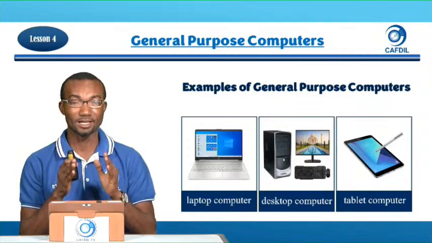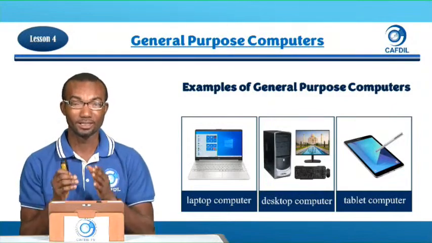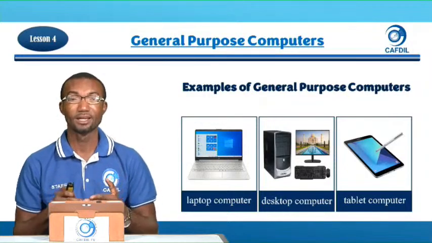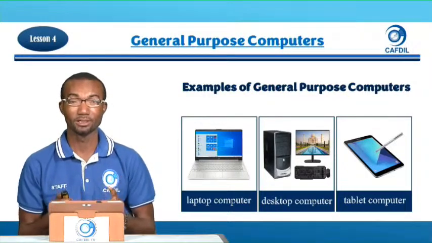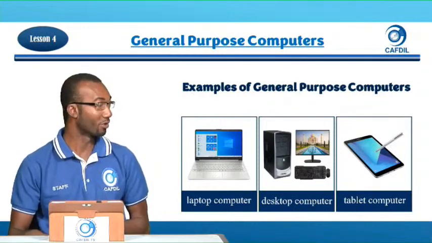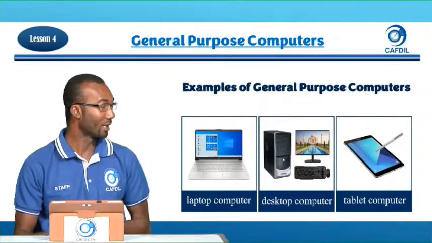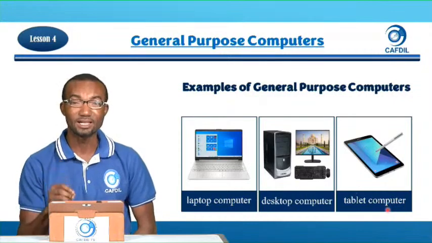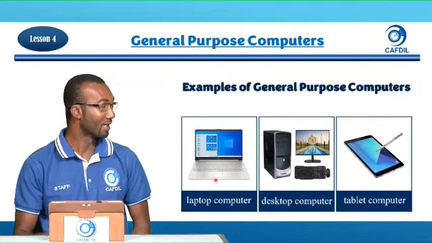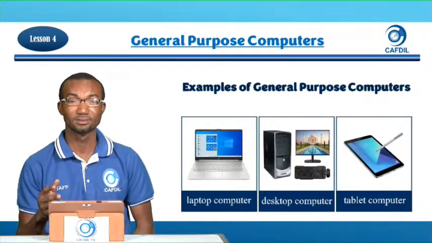Viewers, we are saying that a laptop computer, a desktop computer, and a tablet computer are general purpose computers. That means that all these computers can be used for more than one task.